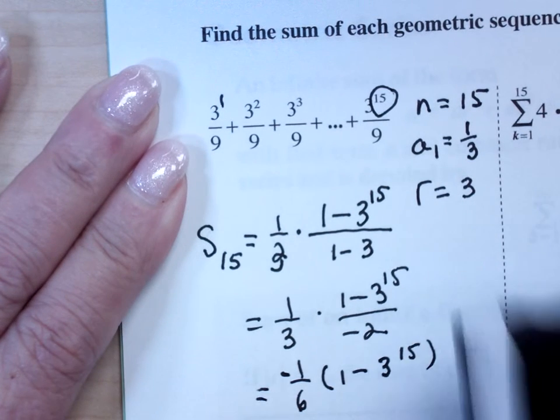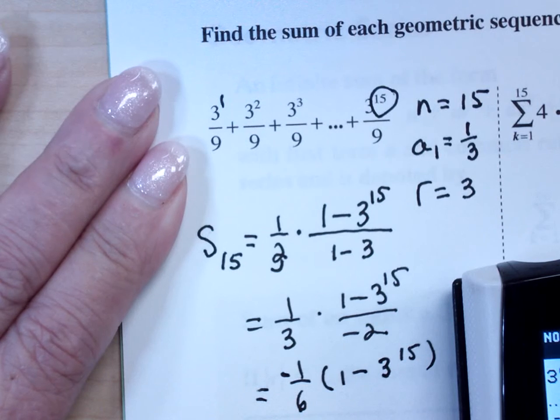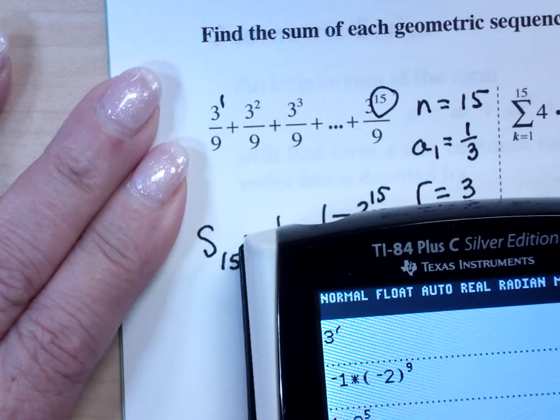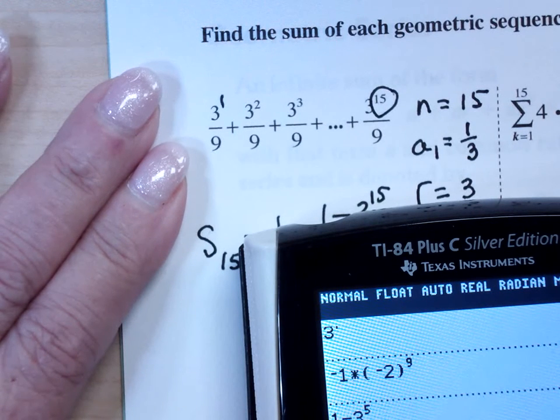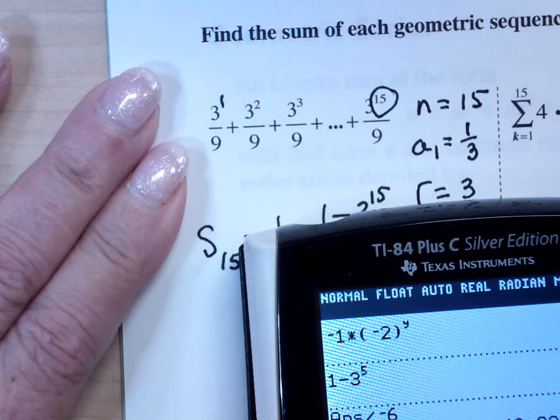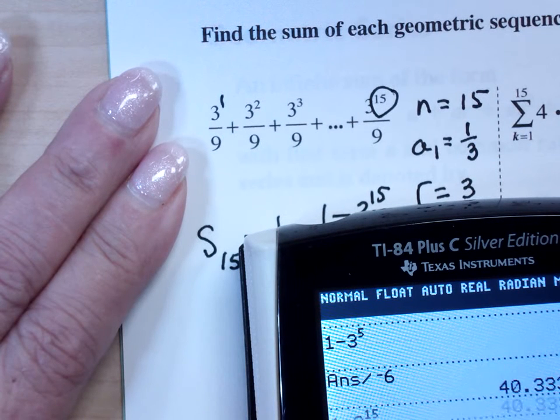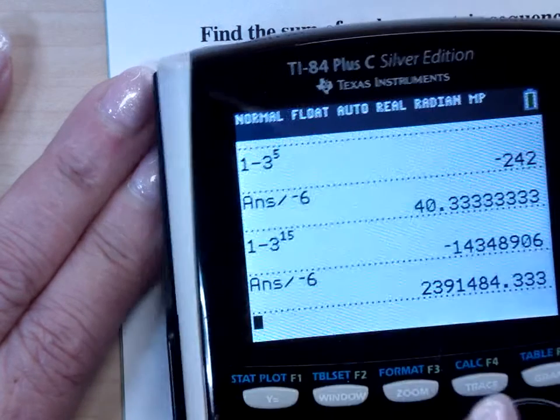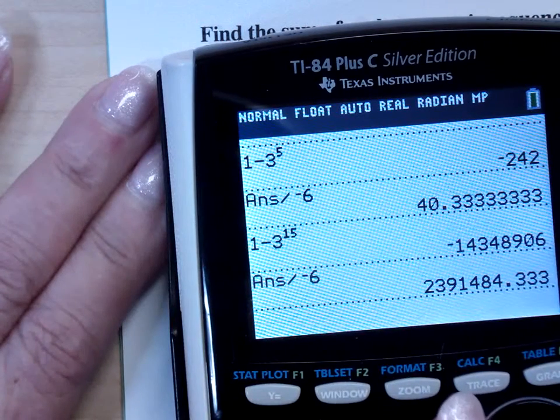So here we go. 1 minus 3 to the 15th, the numerator. Divide that by -6, that's the denominator. And notice 3333, that's 1/3.